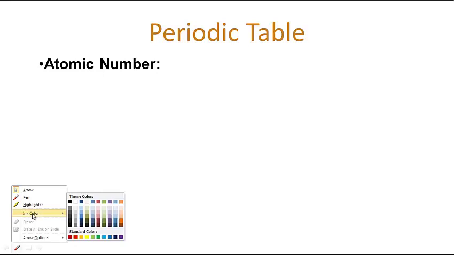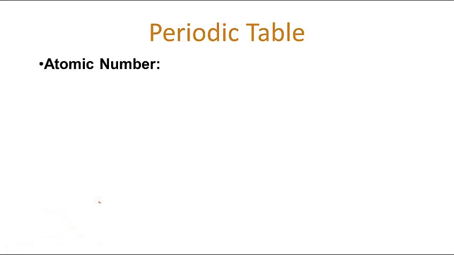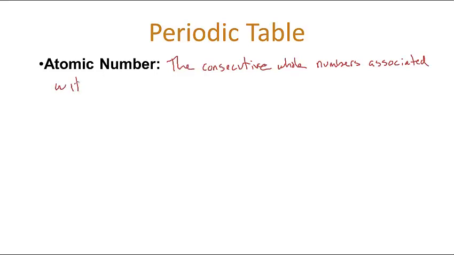So the periodic table is first organized by atomic number, and these are the consecutive whole numbers associated with the elements on the periodic table.